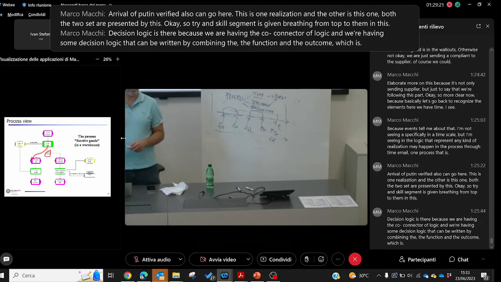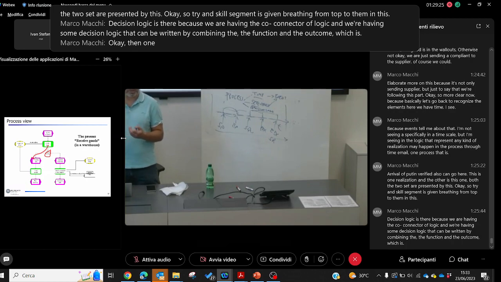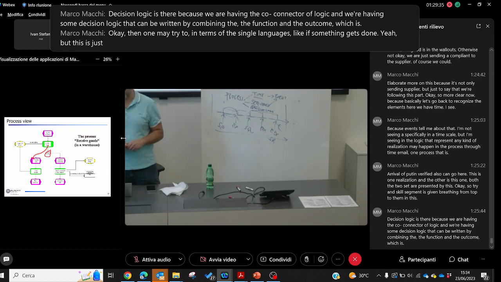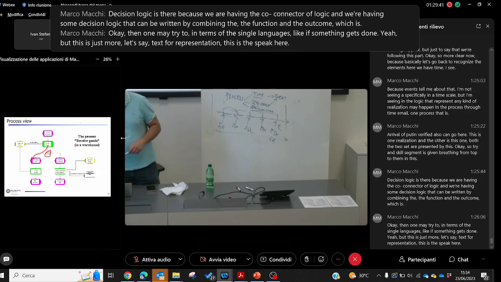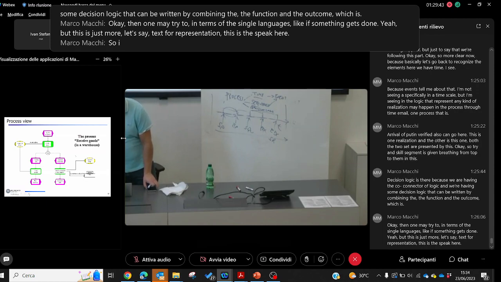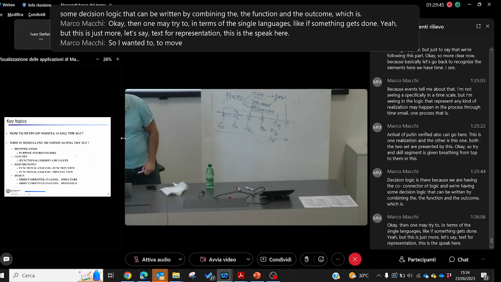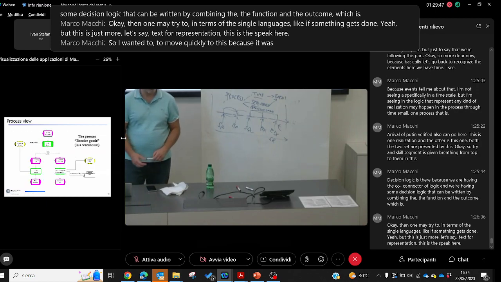So this is the okay. Then one may write also in terms of, say, pseudo language. It's like if something happens, then. But this is just, let's say, a more textual representation. This is the skill. Clear? So I wanted to move quickly to this because it was very much related.